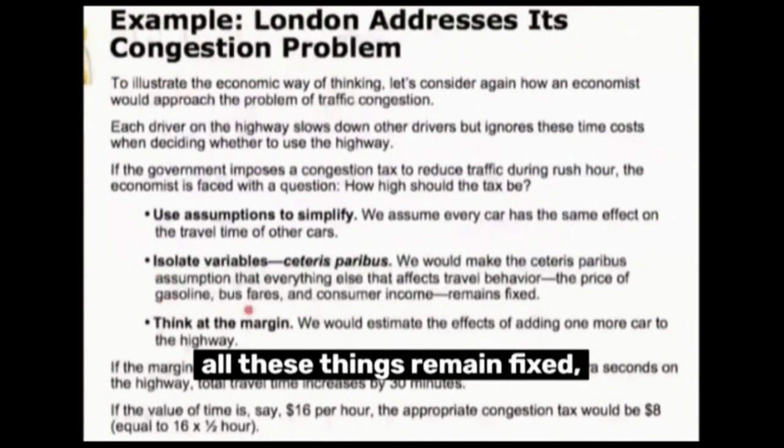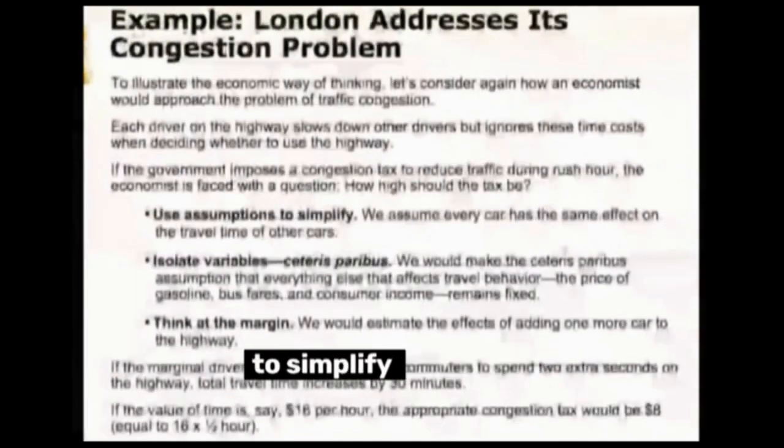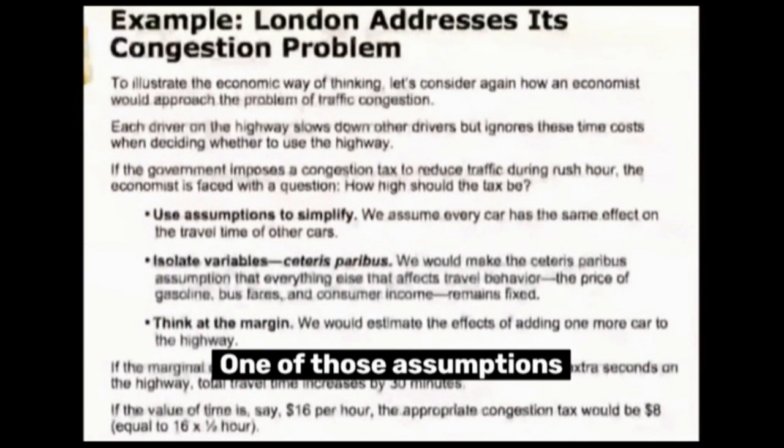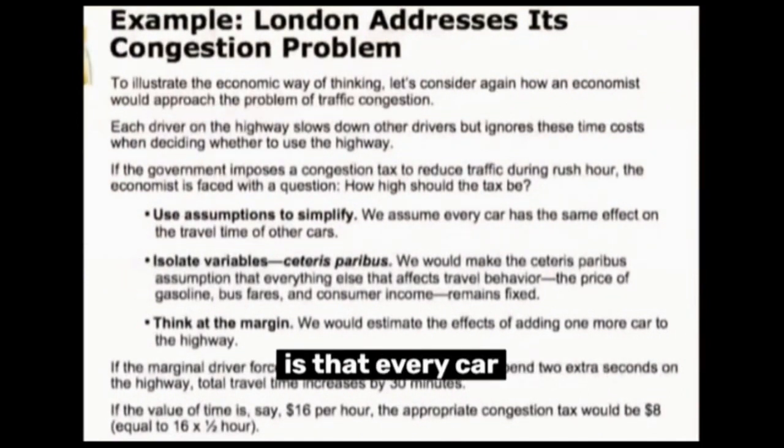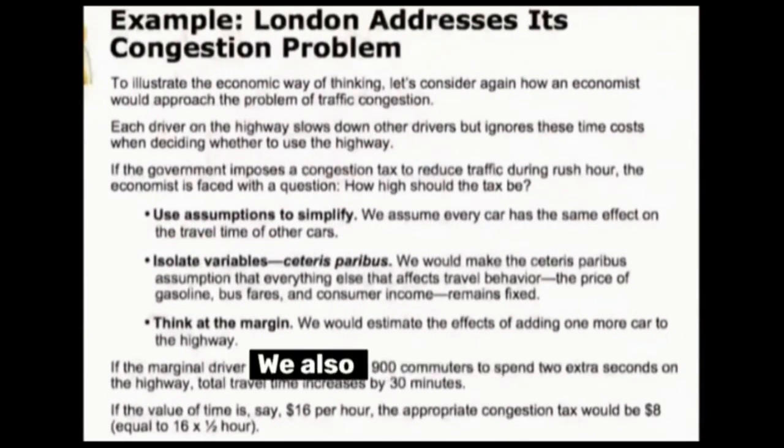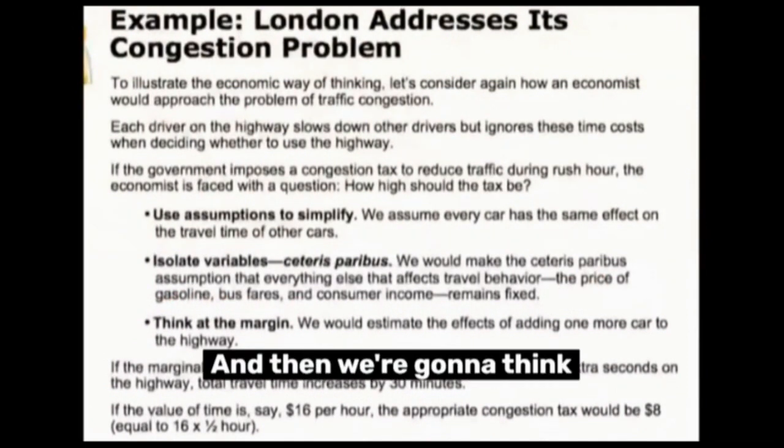So we're going to assume that all these things remain fixed. Right? So we make an assumption to simplify the world. One of those assumptions is that every car that enters the freeway affects other people's travel time the same. We also assume that other variables that affect travel behavior are held fixed.